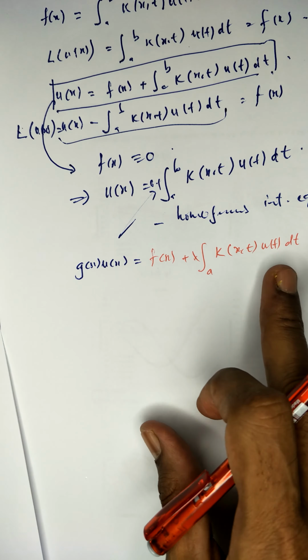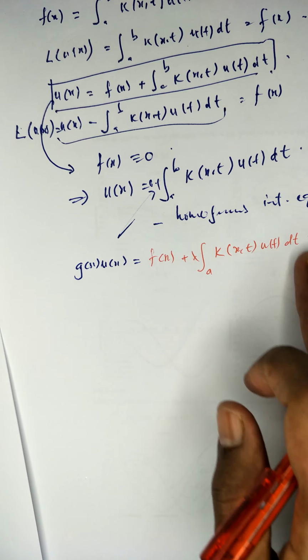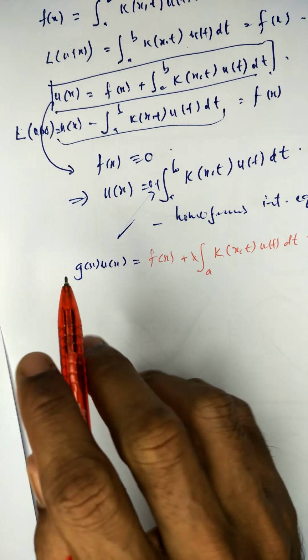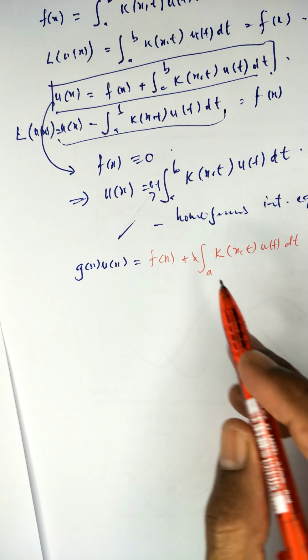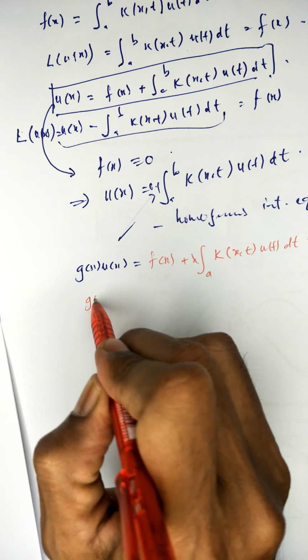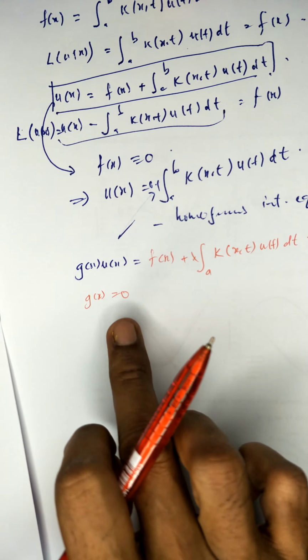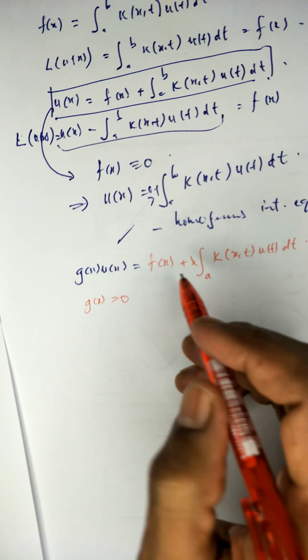We say this kind of integral equation is general because we can choose g. You can choose g equal to 0. So what happens if we choose g equal to 0?